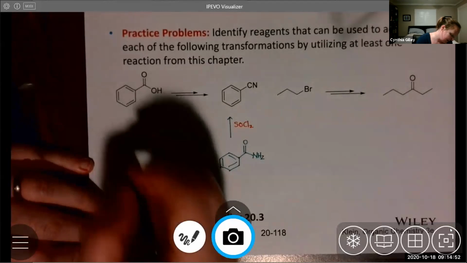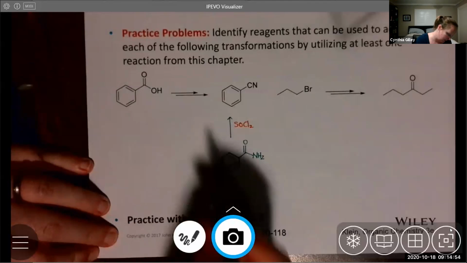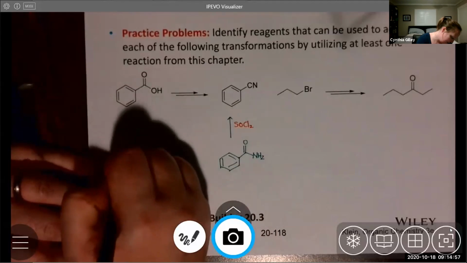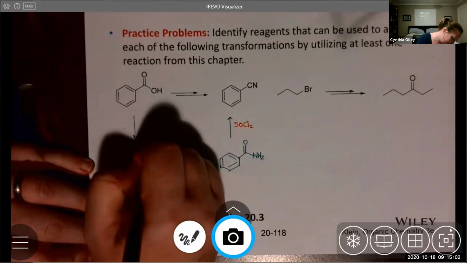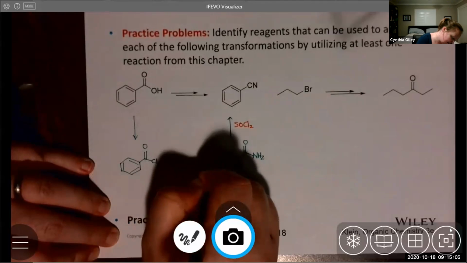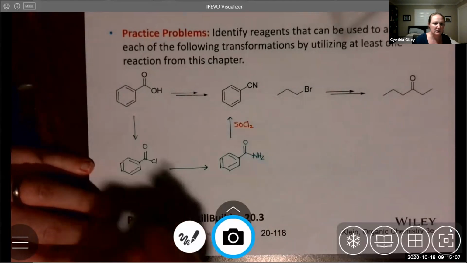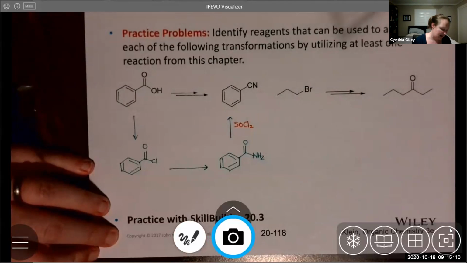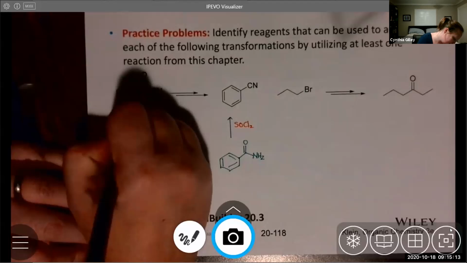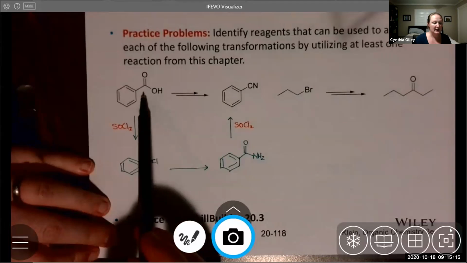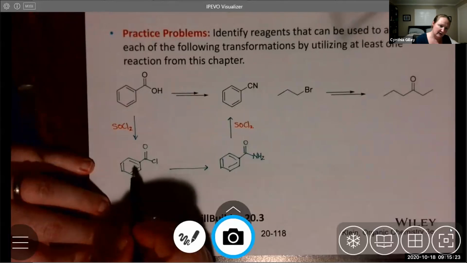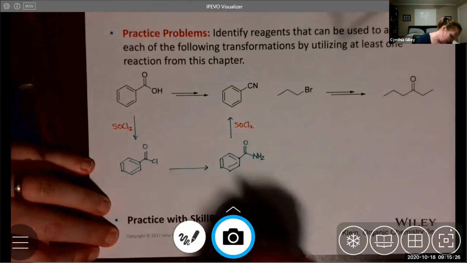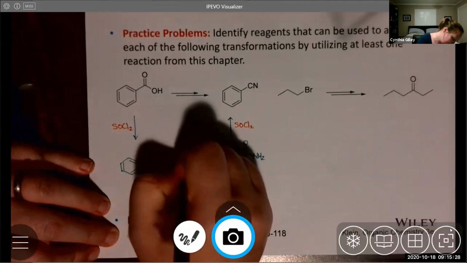Then you might ask yourself, how can I get from a carboxylic acid to an amide? Typically people synthesize amides from acid chlorides. So if we convert the carboxylic acid to an acid chloride, we'll be able to synthesize an amide. Again, SOCl2 is used for both the conversion of an acid to an acid chloride and an amide to a nitrile. And from an acid chloride to an amide, we're going to use excess ammonia.